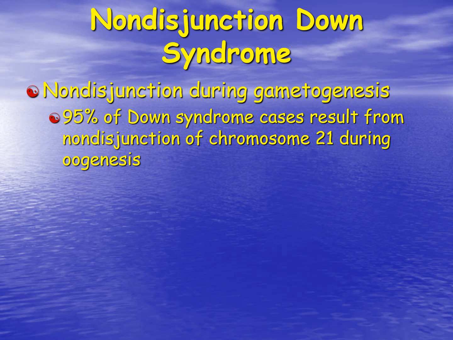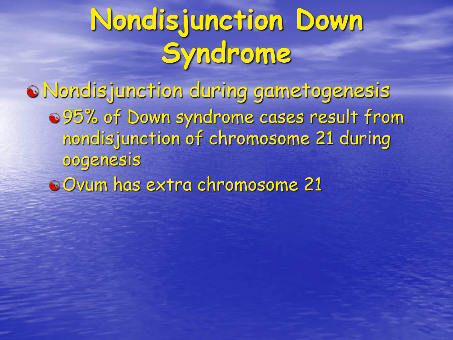Now, if you remember, the egg does not finish meiosis 1 until it is fertilized, and then it will finally complete meiosis 2. So these eggs are basically held in prophase 1, and as the mother gets older, her eggs get older, and what literally happens is that the chromosomes become sticky, if you will.